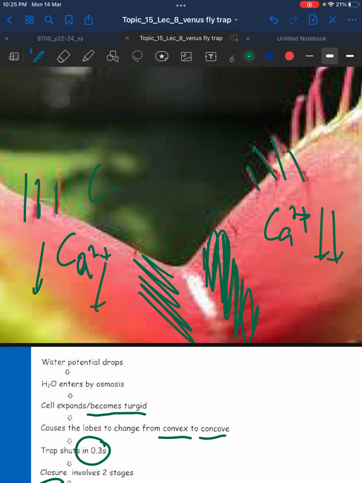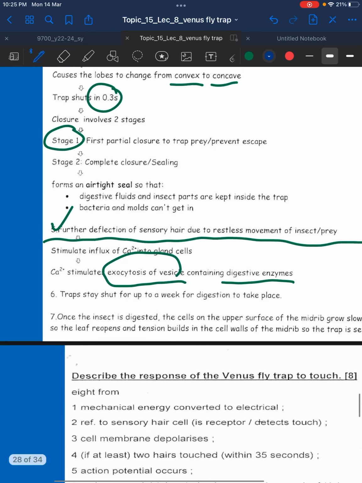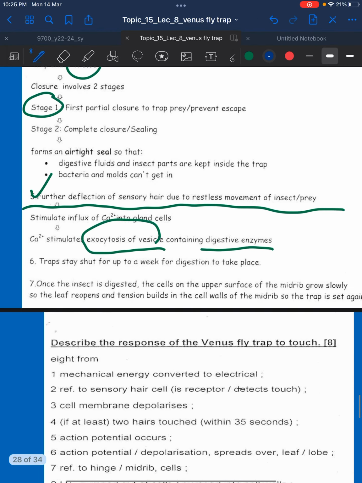So that will stimulate vesicles to release the digestive enzymes by exocytosis. The vesicle, which is inside the cell, will fuse with the cell membrane, and then it will secrete the digestive enzyme. And that's what is stated here.